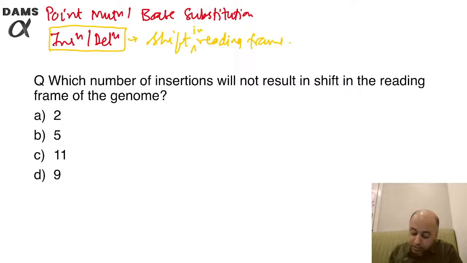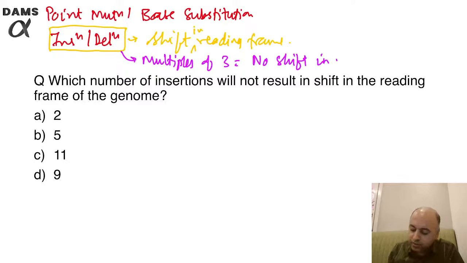But if this insertion or deletion occurs in multiples of 3, then there is no shift in the reading frame.